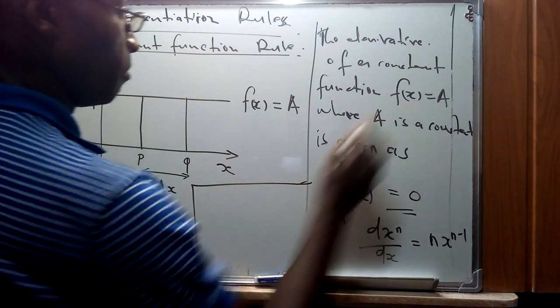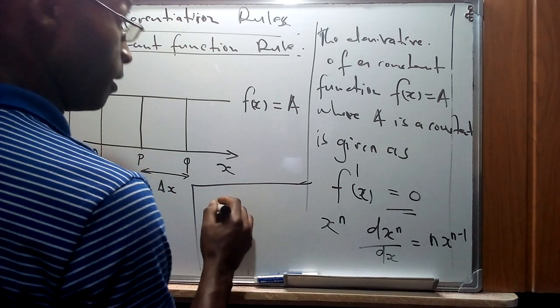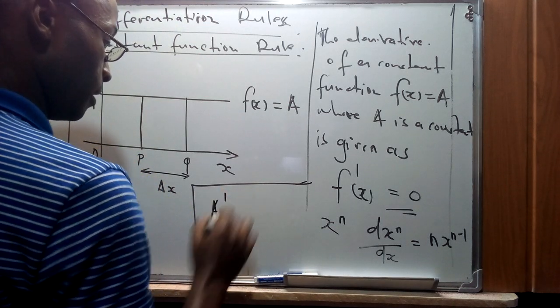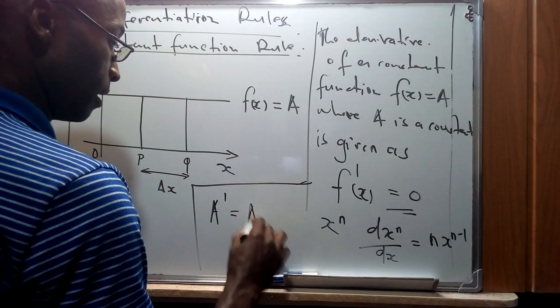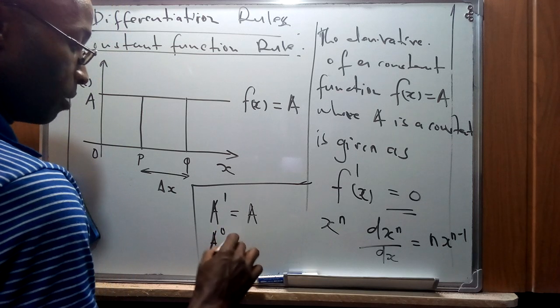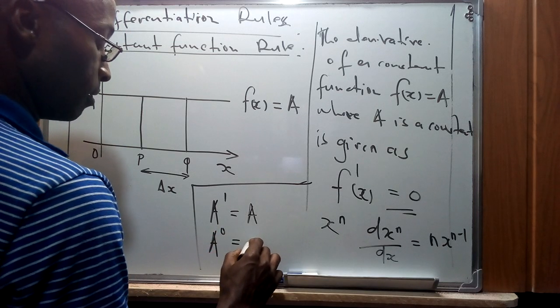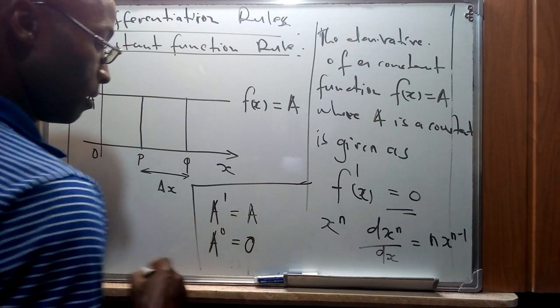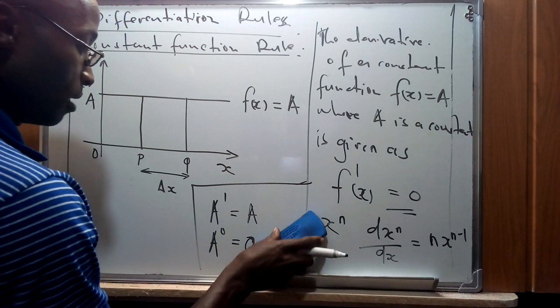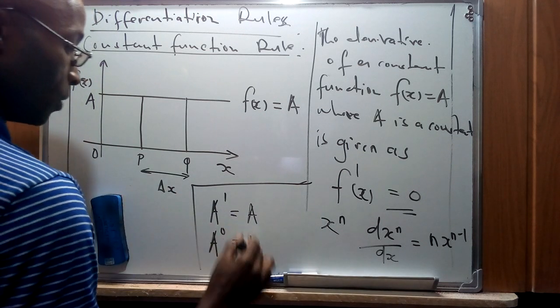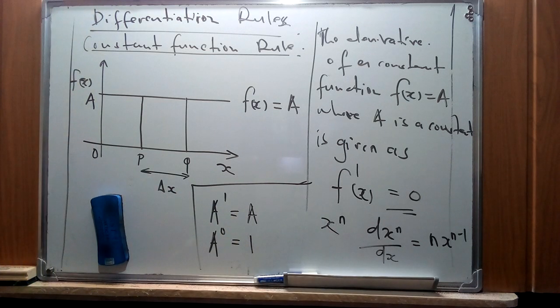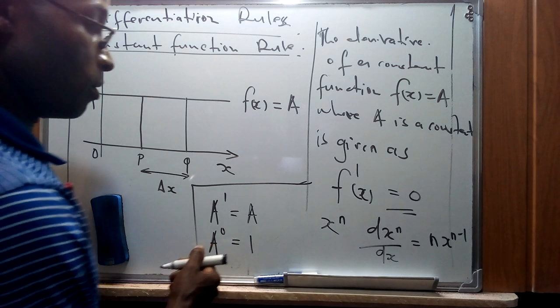Now from the power or the indices, we know that when a number a is raised to power 1, it's the same as a. But when a number a is raised to power 0, this is just given as 1. So a number raised to the exponent of 0 gives 1.